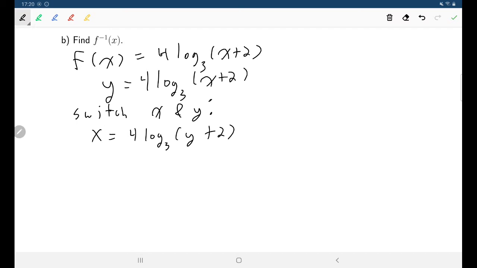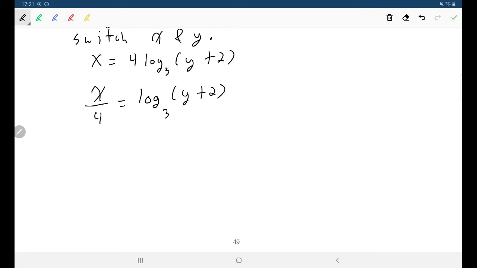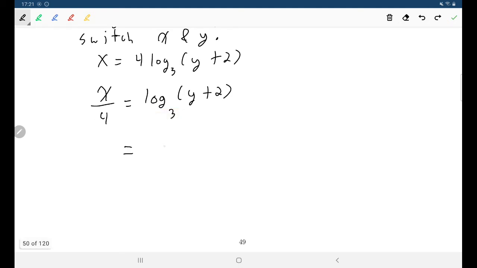And now I'm going to solve for y. I'll first divide everybody by 4. And now I'm going to use what I know, which is that logs and exponential functions are inverses of each other, which means that originally I had log base 3, so the inverse of that should be 3 to the power of, and we'll be switching our inputs and outputs.